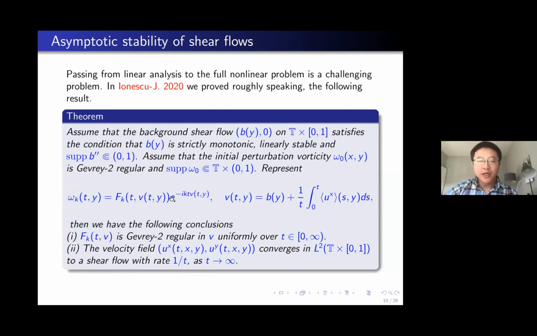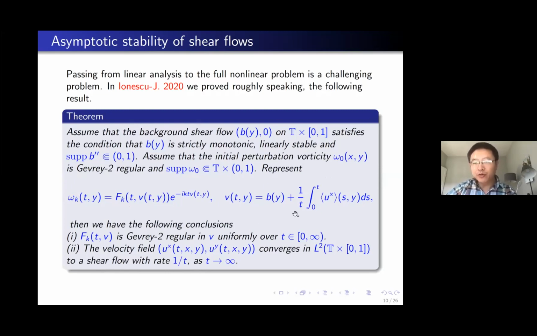You see that here we have to be very careful about this oscillatory factor, because it now depends both on the linear flow and on the nonlinear correction. Because we want to control Fk in a very smooth norm, it's extremely important to capture exactly the right oscillation. Otherwise, if you miss any oscillation, because there's a t in front, that will result in a terrible growth in the Gevrey norm over time.